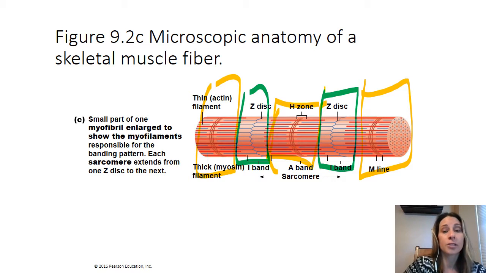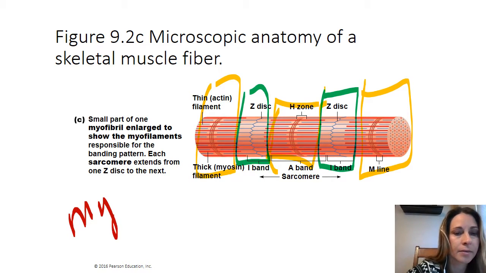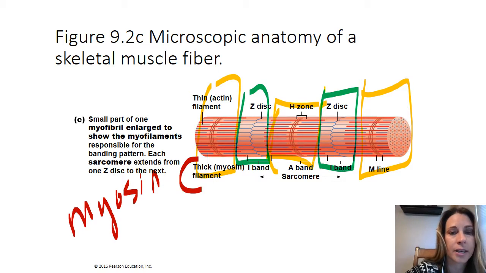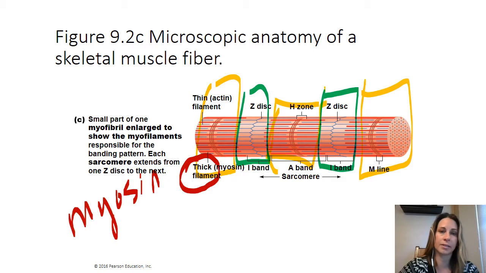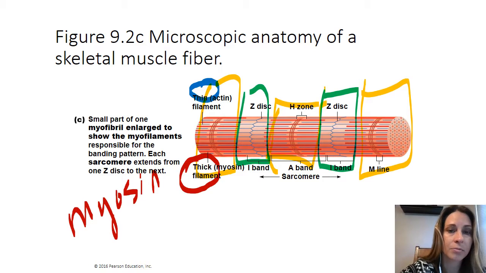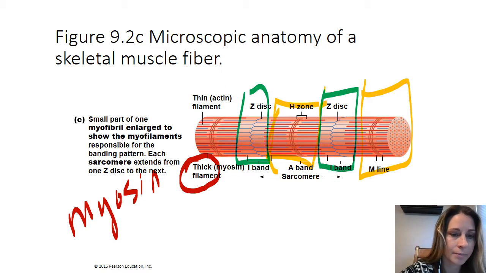Okay, so when we look at these red ones, this is going to be the myosin. And that's known as the thick filament right here. And then conversely, we're going to have these thin filaments, right? There it is.